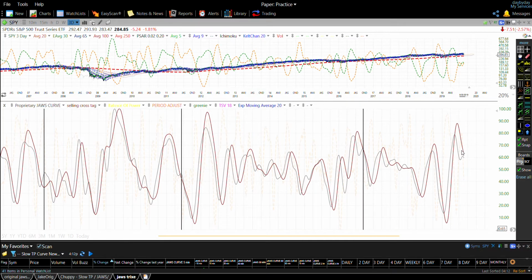So we've got this shape right here, which is quite similar. What happened prior to it is not exactly similar. In this case, it's fairly similar, but what didn't happen, let's see. Okay.